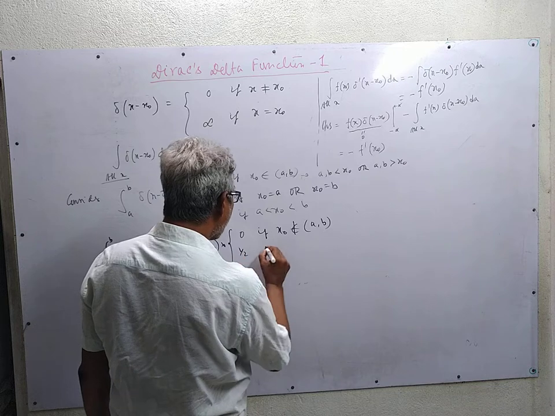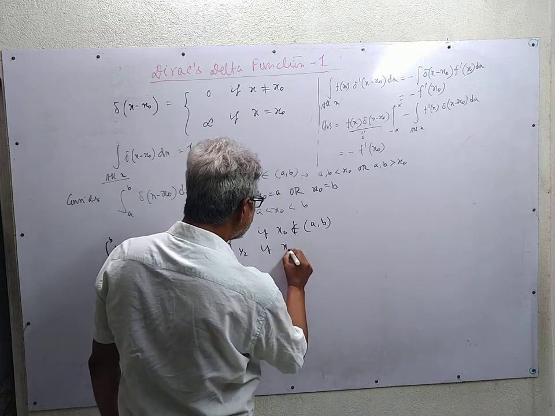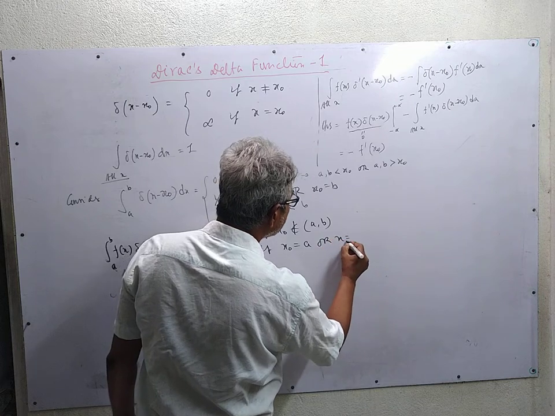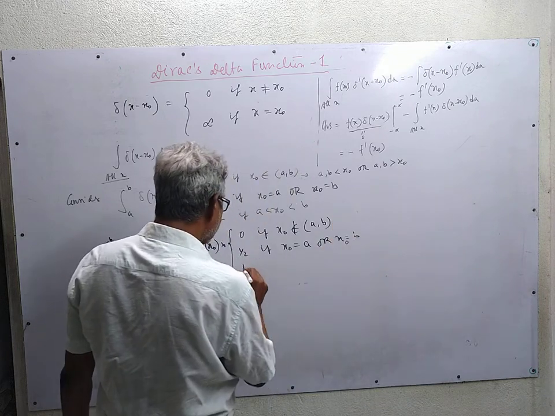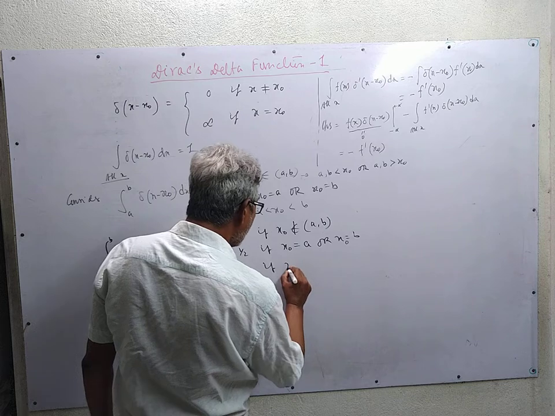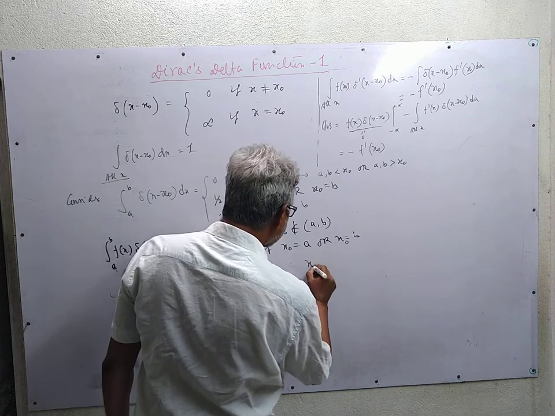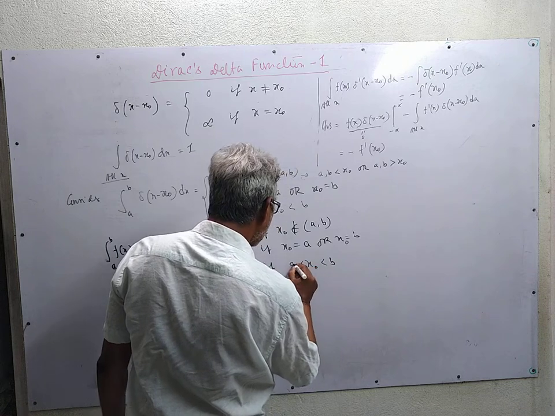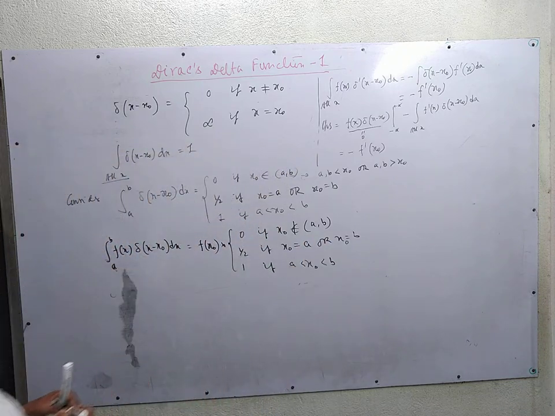This is half if x0 is equal to A or x0 is equal to B, and this is 1 if x0 lies in AB. These are a few important properties of the delta function.